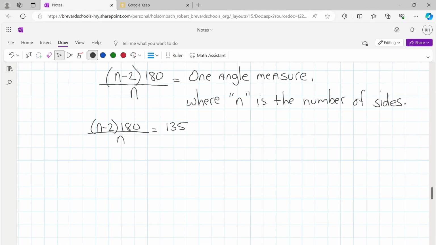Now, the first thing we want to do is get this n out of the denominator. So we're going to multiply both sides by n. And what that does on the left side is these n's cancel. And now we've got n minus 2 times 180 is equal to 135n.